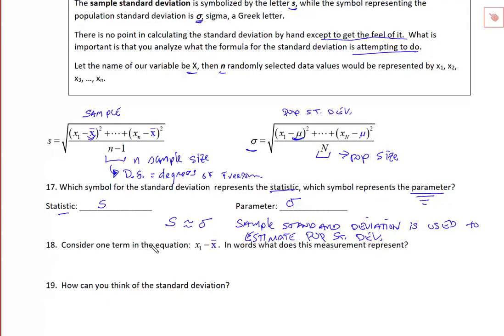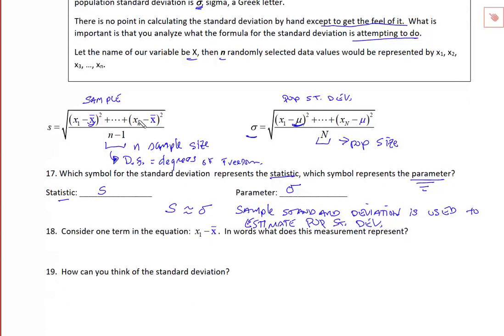All right, now let's consider one term of this equation: x1 minus x bar. In words, what does this measurement represent? This is a great question, but we're taking a difference, right? We are taking a difference between our data value, in this case x1, and the sample mean, x bar.